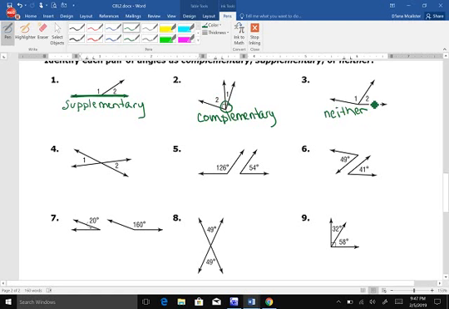There's no proof with number 3 that it creates a right angle nor a straight line. How about number 4? These are neither, and although they are vertical angles, there is no indication of their measurement to prove they are either complementary or supplementary. Let's take a look at number 5.